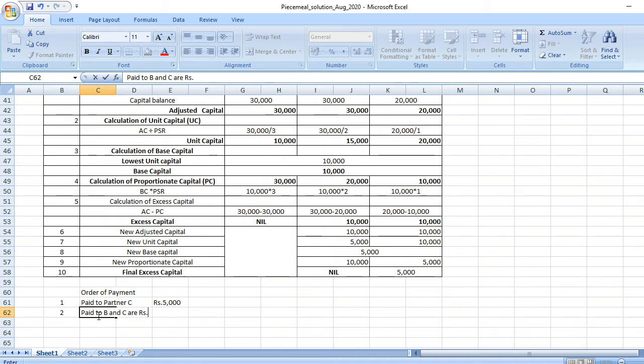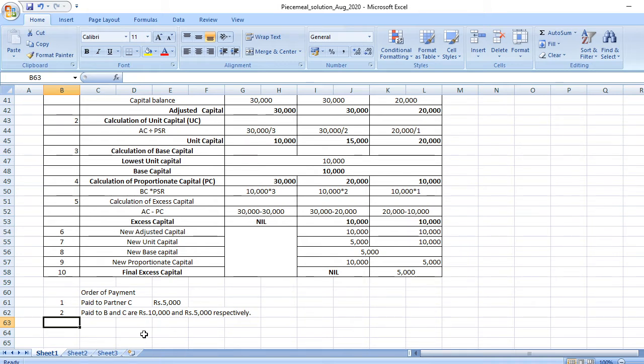Rupees 10,000 and rupees 5,000 respectively. It means we have to pay B 10,000 and C 5,000.